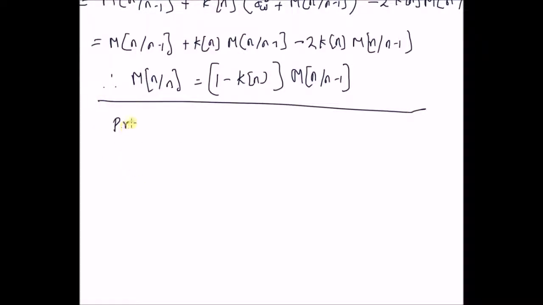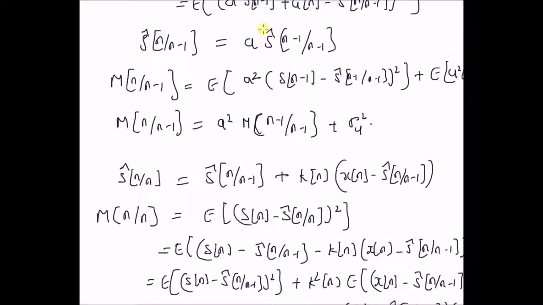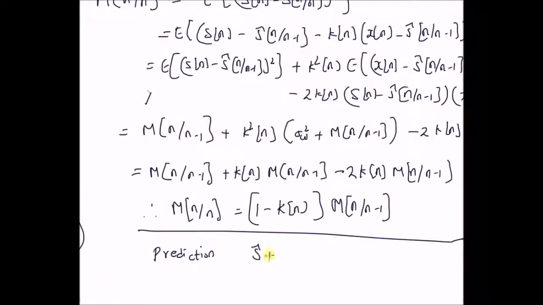So, we have the prediction. This is the prediction equation, that is s hat of n given n minus 1 is equal to a times the previous estimate, or the previous update. So the prediction term before using the new observation, s hat of n given n minus 1, is a times s hat of n minus 1 given n minus 1, that is the previous update.